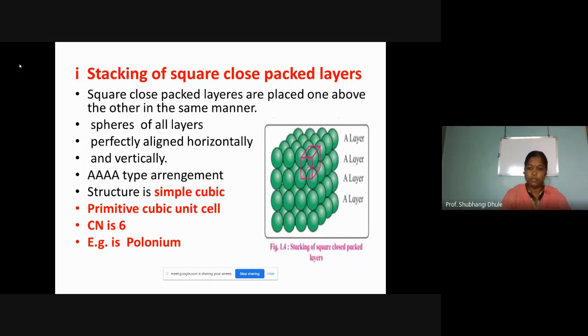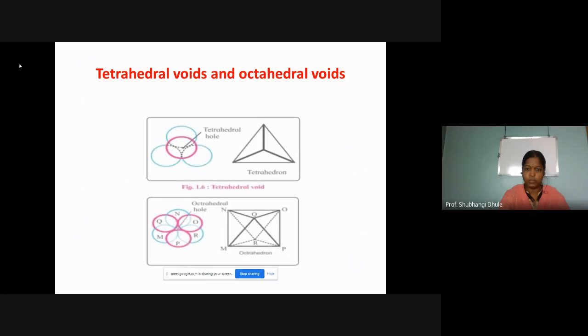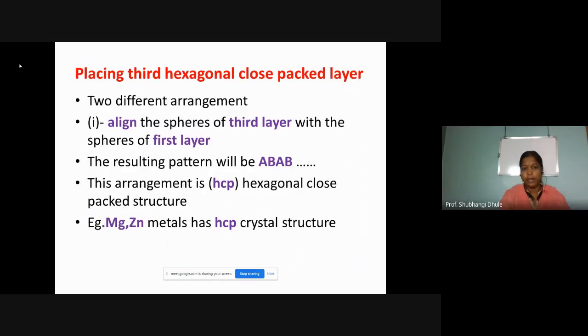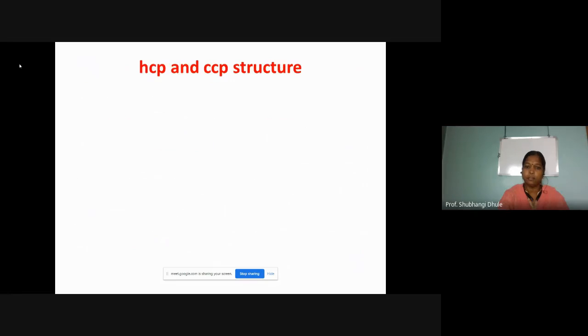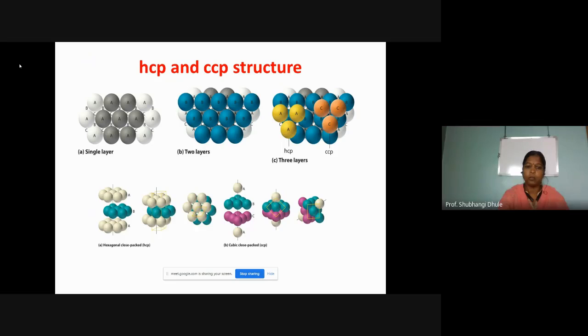Okay, we have learned this structure, and then in the next lecture we learned about the tetrahedroids and octahedroids, and the packing of the hexagonal close packed layer in three dimensions, which results in the HCP structure, by two different types of arrangement, that is A and B, and that results in the hexagonal close packed structure, the HCP structure.